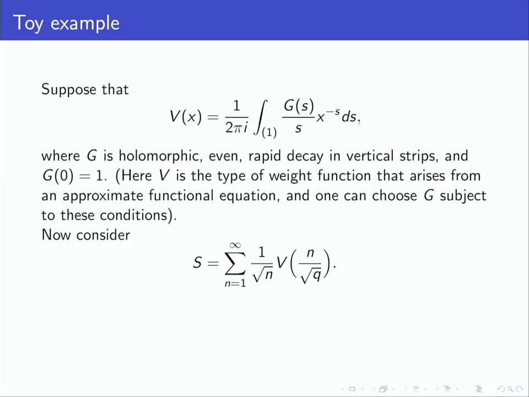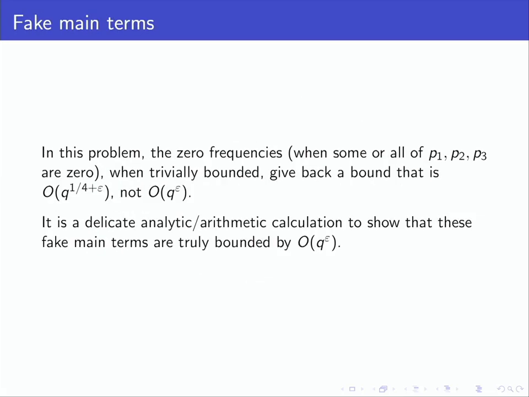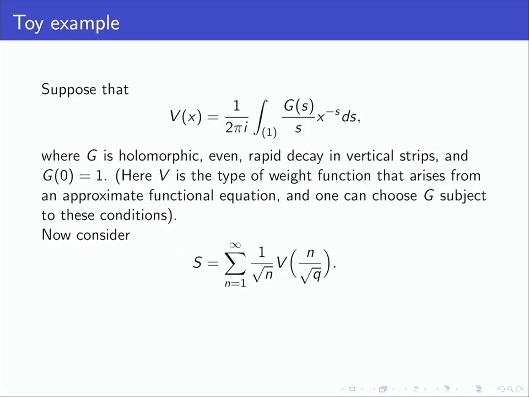Okay, so there's these main terms that we're calling fake because we know they can't actually be there. But proving that they're really not there takes some work. And so to try to get the idea across of what's happening, I came up with a really simple toy example, which might be overly simplified, but okay.